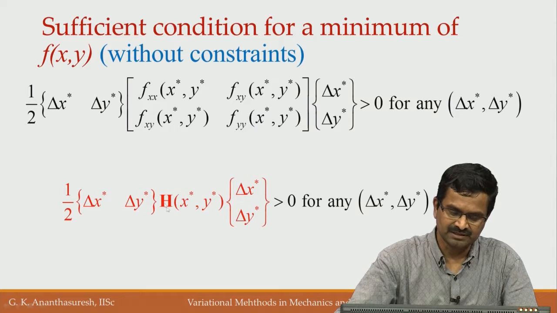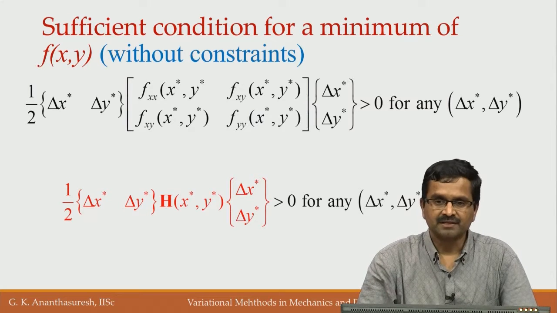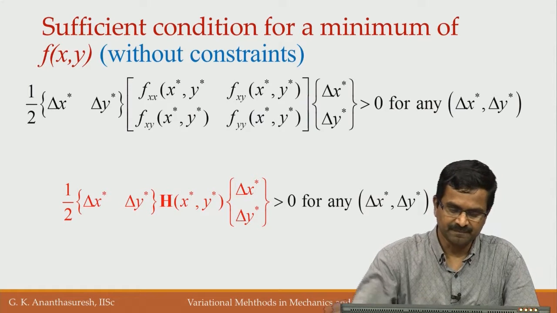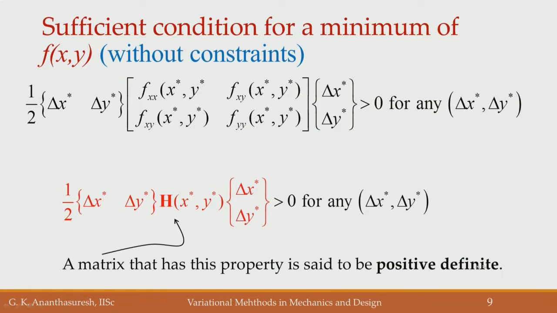If that is the property H has, then we say that point, x star y star, is a local minimum, and that satisfies the sufficient condition. So, this H, the Hessian, is to be positive definite, that is what we want. That is the nature of positive definite matrices: if you take any vector, post multiply by the column and pre multiply by the row, whatever you get should be greater than or equal to 0. This half is just there because the quadratic term has a half, otherwise the half has no significance.